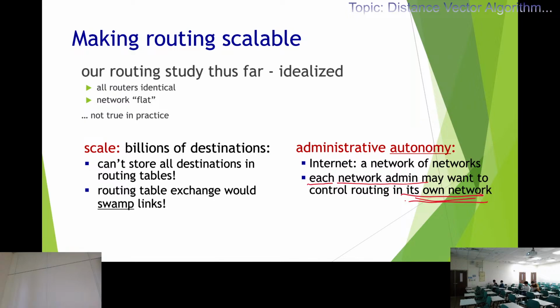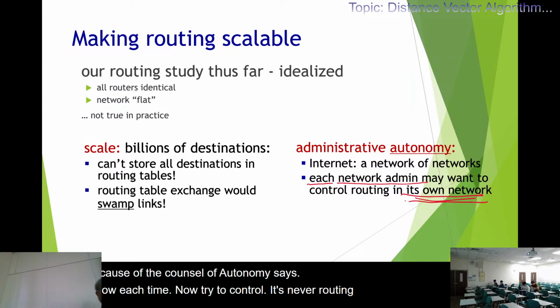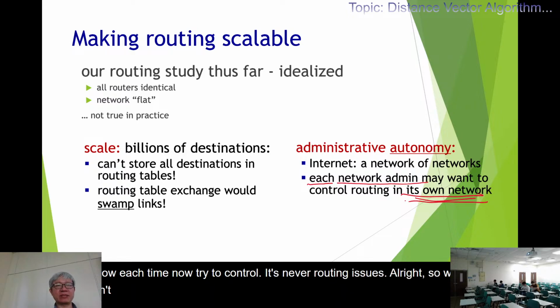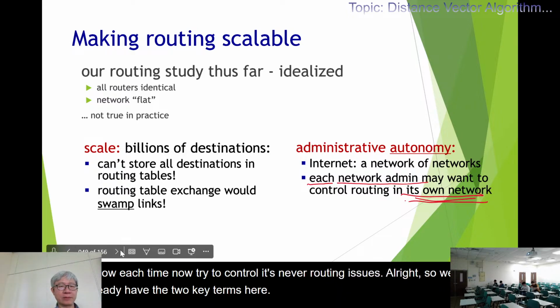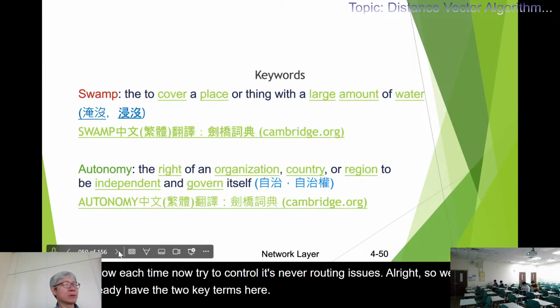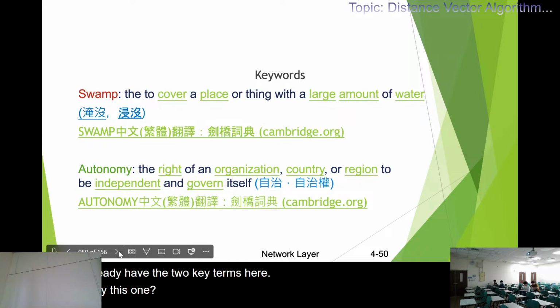The concept of autonomy says each network, each subnetwork, tries to control its own routing issues. So we have two key terms here: swamp and autonomy.